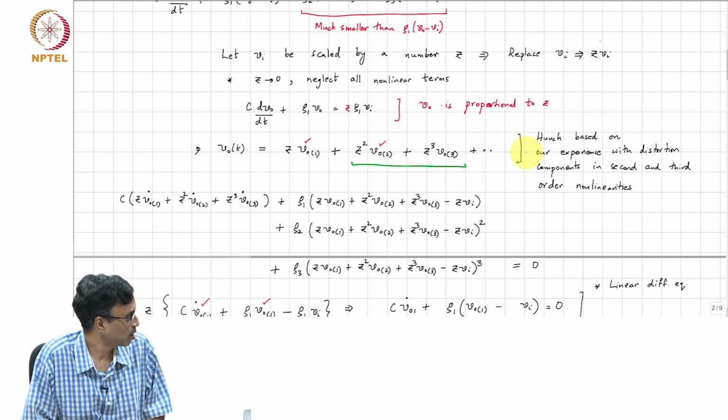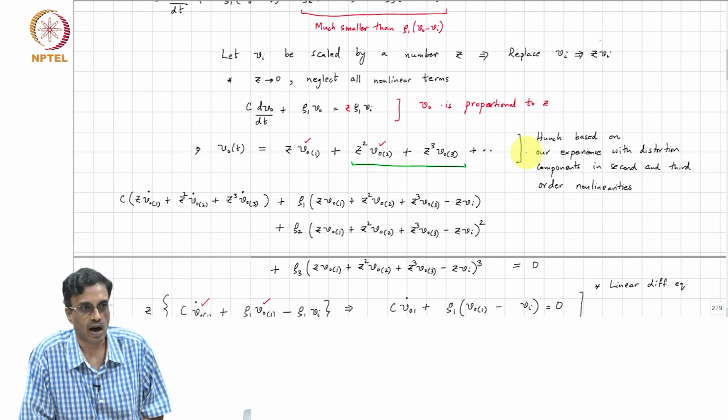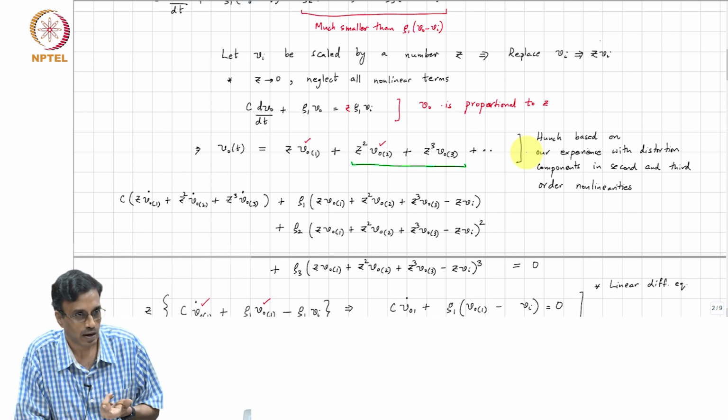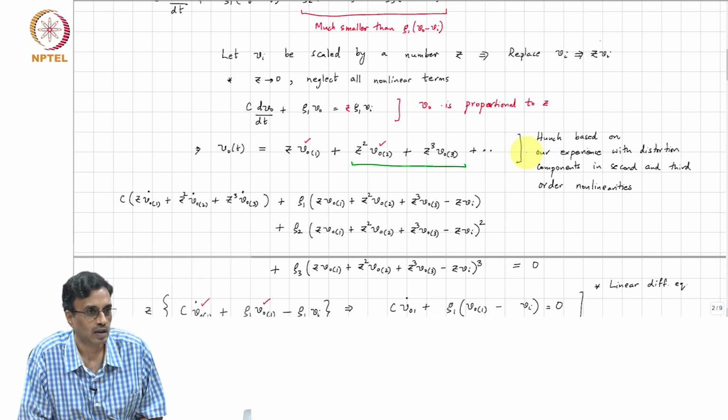Fortunately, in circuits a lot of the times distortion terms are very small compared to, or are needed to be very small compared to the linear term anyway. So, this is a quick way of estimating distortion and understanding where distortion is coming from.